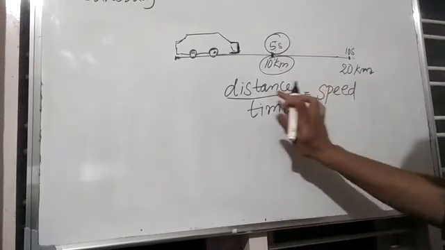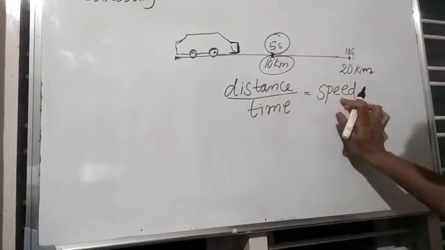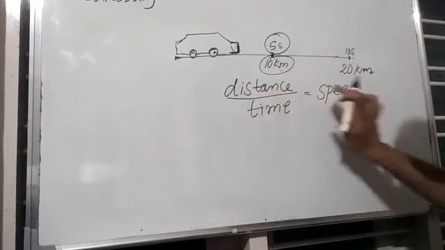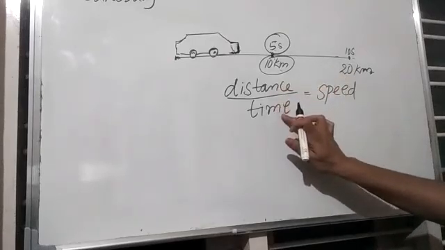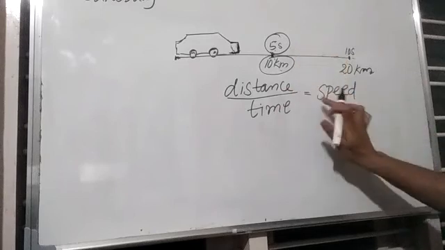So the distance travelled divided by the time taken is known as speed. The ratio of distance travelled to the time taken to cover that distance is called the speed.